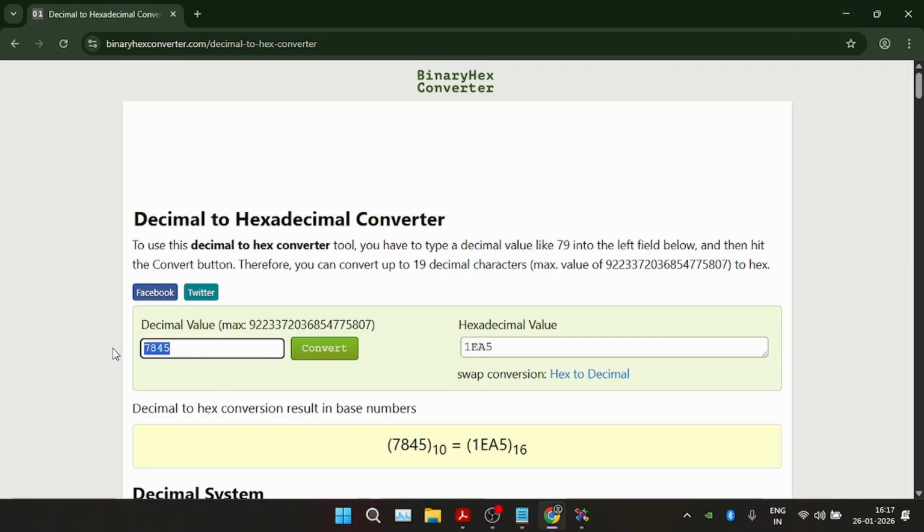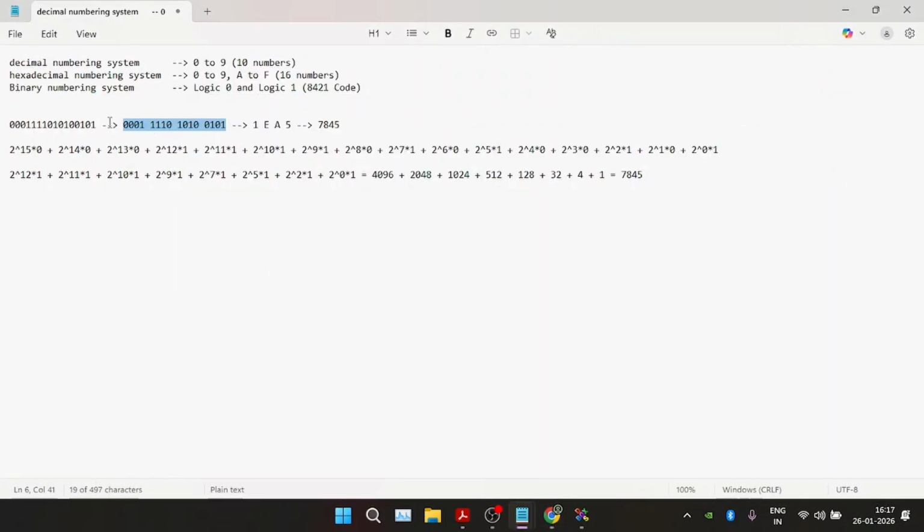So this means whenever you give the value 7845 to a digital electronic device, first of all, it's going to be converted into the hexadecimal value 1EA5, and this hexadecimal value is going to be converted into the binary form. So that's a huge difference between the decimal, hexadecimal, and binary numbering systems.